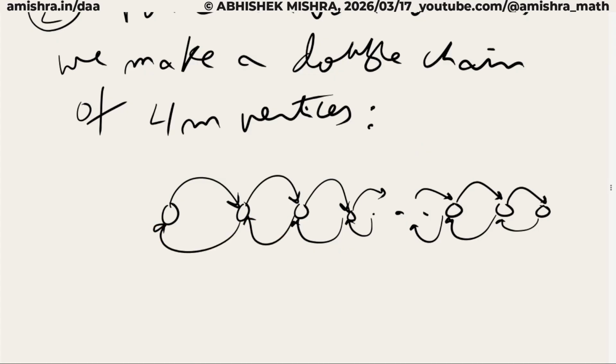This we do for each variable ui. For i equal to 1 to n we make n double chains, each having 4m vertices.